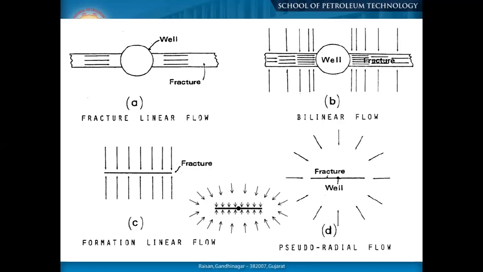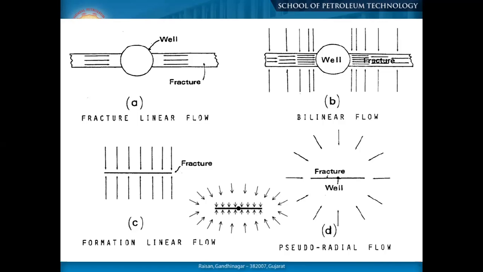And that is the main part of the interpretation of well test data, with the help of your different plots: your normal Cartesian plot, or semi-log plot, or log-log plot, or derivative plot. That is the main purpose of what we are going for.